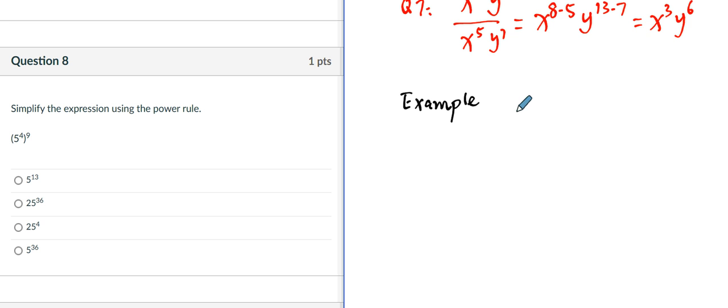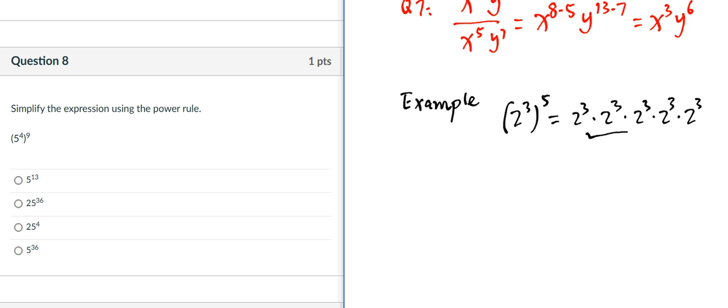What's the meaning for 2 cubed to the 5th? This tells us 2 cubed times 2 cubed times 2 cubed, 2 cubed, 2 cubed, 5 times.